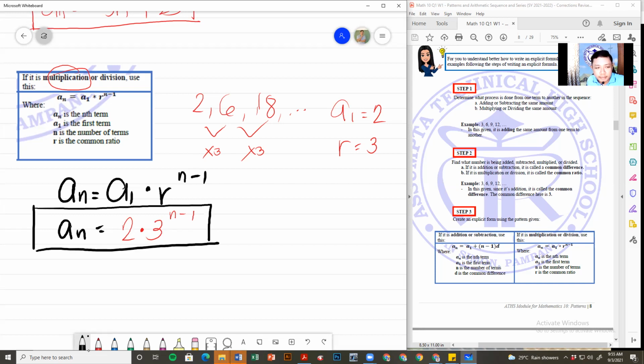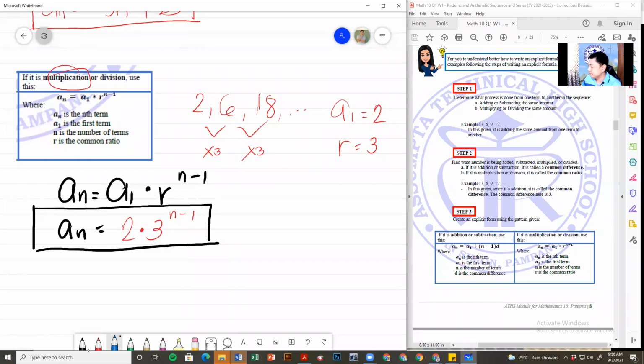That's the explicit form if the pattern is in multiplication or division. Okay? Let's try. Would you like to try the first 3 terms? Substitute 1, 2, and 3. You should end up with 2, 6, and 18.